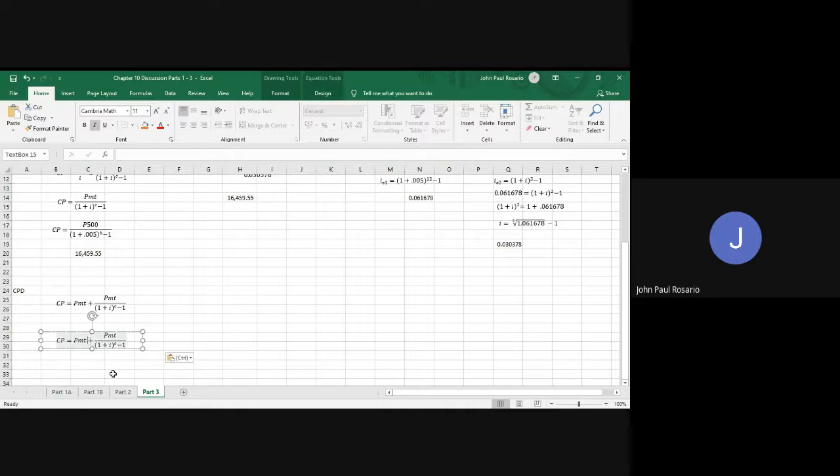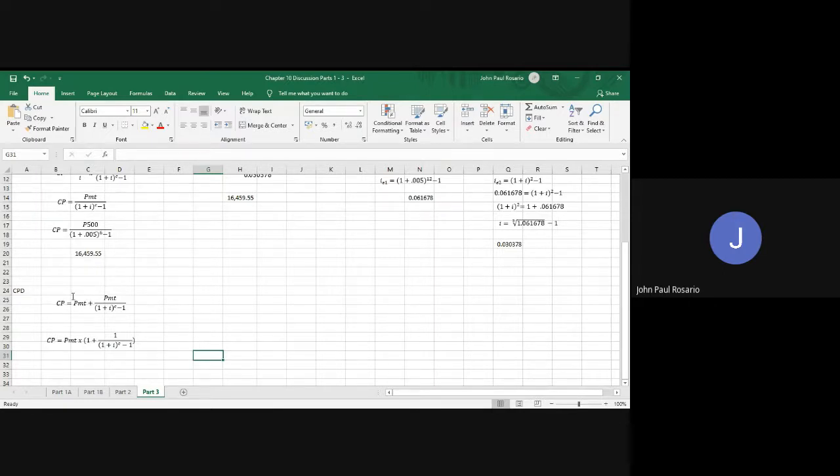So we'll have 1 plus, and we multiply it like that. So now your final formula for your complex perpetuity due would be this one.